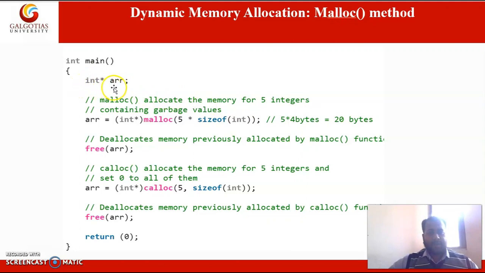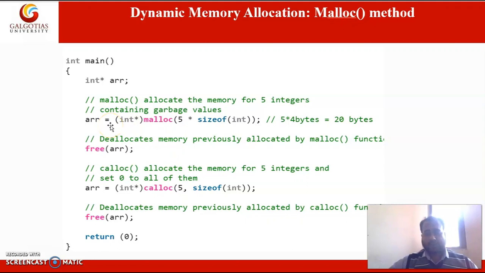Here we have declared arr as a pointer of int, and we are using the malloc and calloc methods to allocate memory space for this variable.